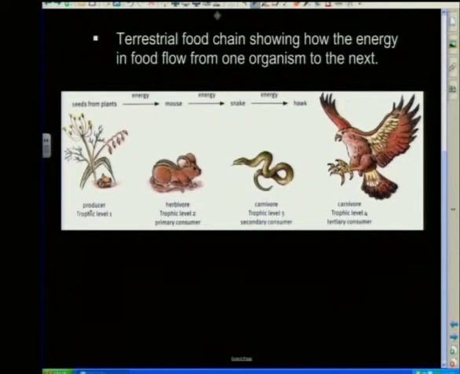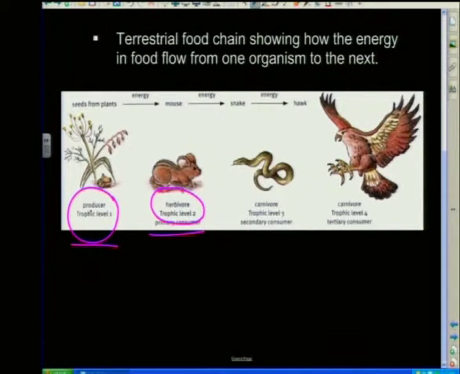We've got our producers down here, and these are the organisms that provide the energy. They're capable of photosynthesizing. We refer to them as the organisms in the first trophic level, and that is the producers. This energy is then passed on to the mouse, and the mouse is obviously the primary consumer, and we refer to that as the second trophic level. And these are the herbivores.